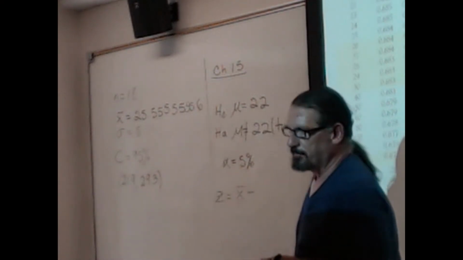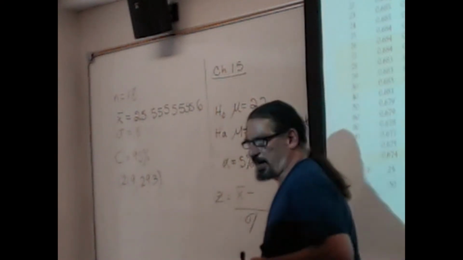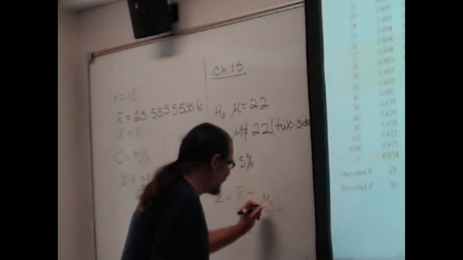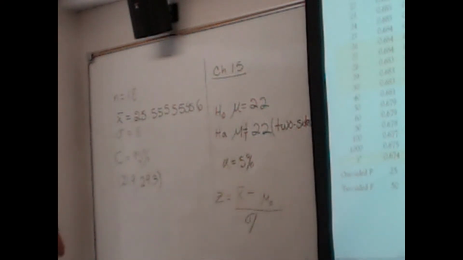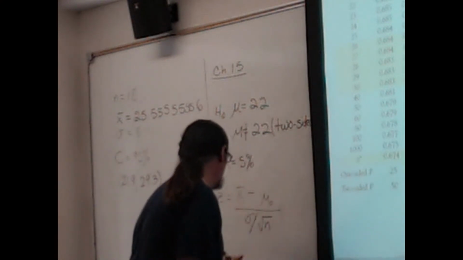X bar minus what? Oh, sigma shows up as part of the denominator. Mu, in fact, the mu naught, the mu in the null hypothesis. Okay, what's sigma divided by? Just like we had in confidence intervals.